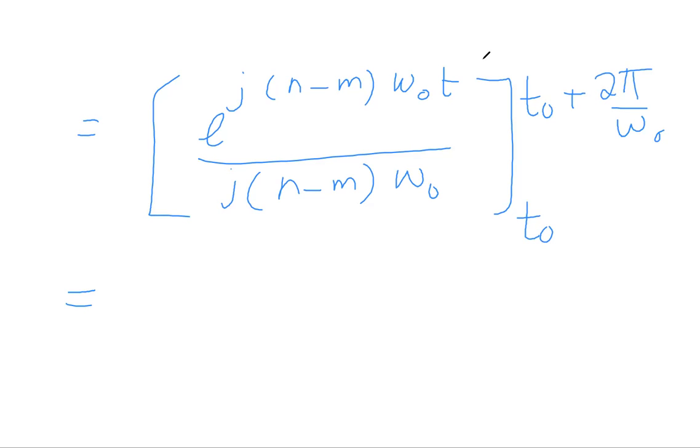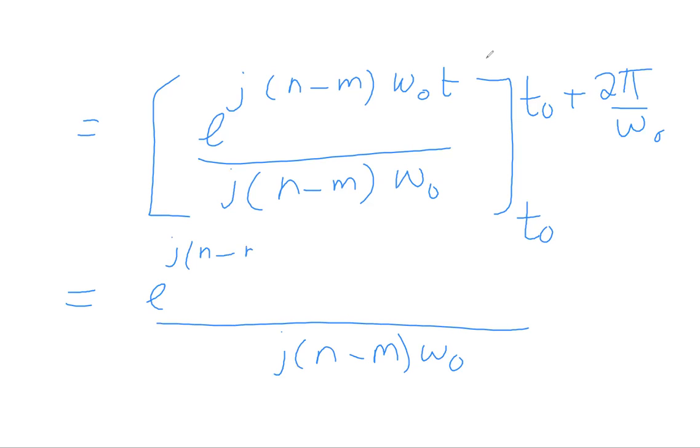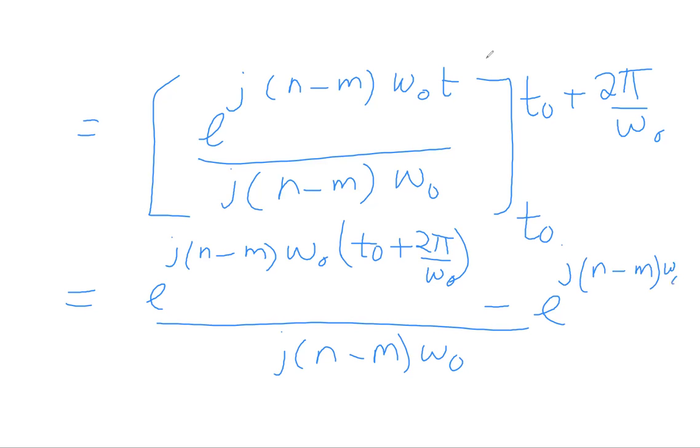If we apply the limits, the denominator remains j n minus m omega 0. In the numerator we have e to the power j n minus m omega 0 into, in place of t, first t naught plus 2 pi by omega 0, minus e to the power, the second limit is t naught, so j n minus m omega 0 t0. In place of t, we substituted t0.